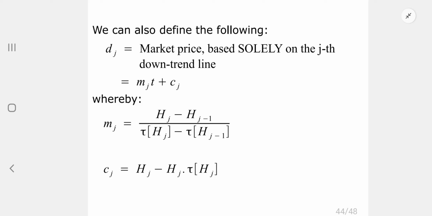Dj, which equals market price based solely on the jth downtrend line, which equals small mj times t plus small cj, whereby small mj equals Hj minus Hj minus 1, all divided by tau of Hj minus tau of Hj minus 1, and small cj equals Hj minus small mj times tau of Hj.